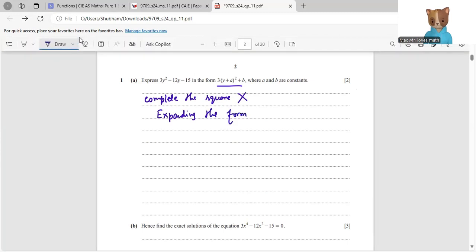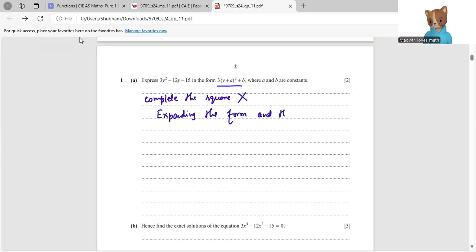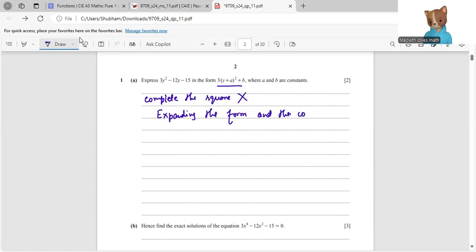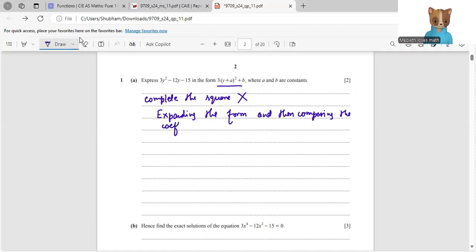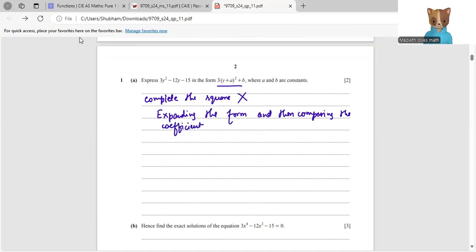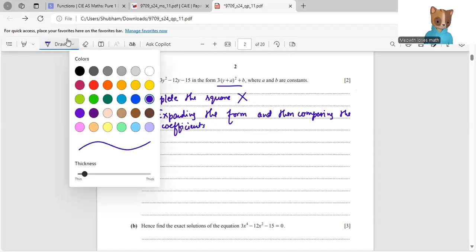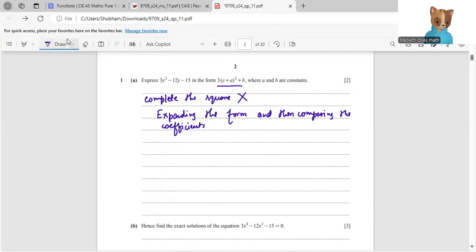Expanding the form and then comparing the coefficients. This way it works fine, right?